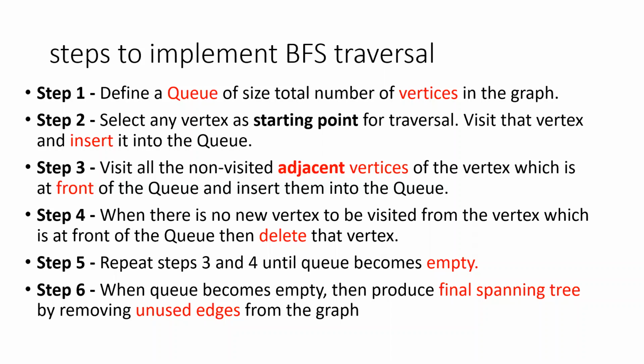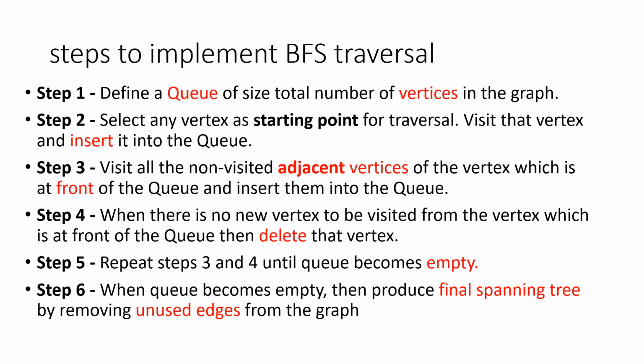You remove the unused or the back edges from the graph and we'll be getting the final spanning tree. So input into a BFS will be an undirected or a directed graph, while output from the BFS traversal will be a spanning tree, or we can also call it a BFS tree.